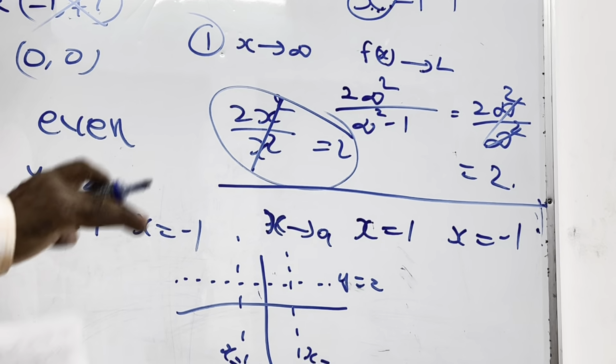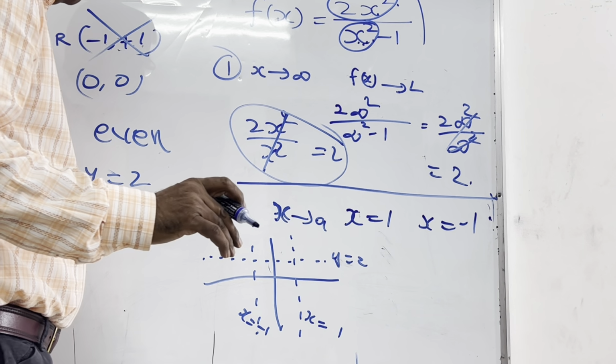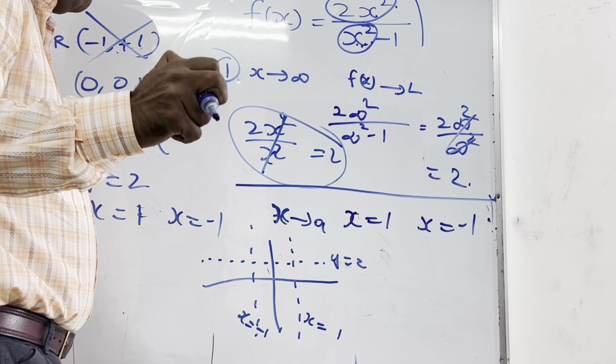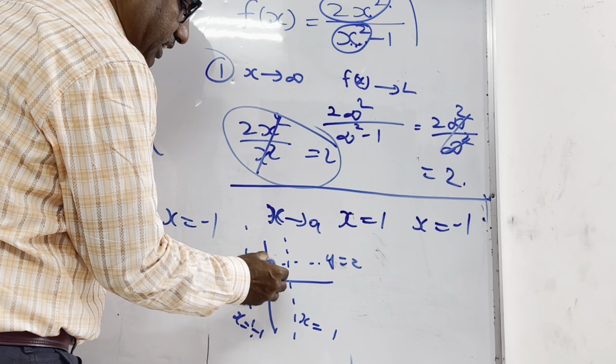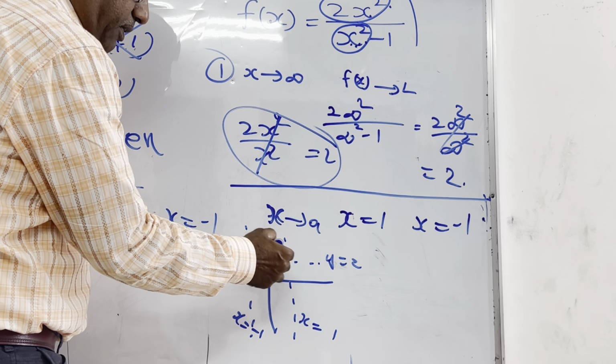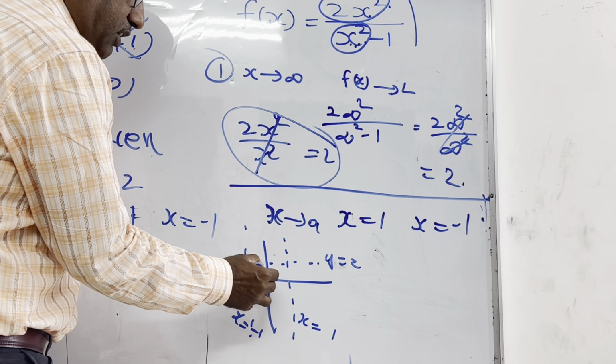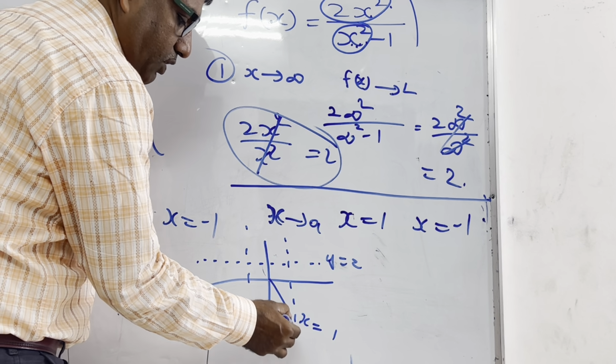Okay, this is all we found out. One thing we found out: it is cutting through the origin. So there is a possibility like this, not possible, because y equal to 2 is an asymptote. So this is the only possible.